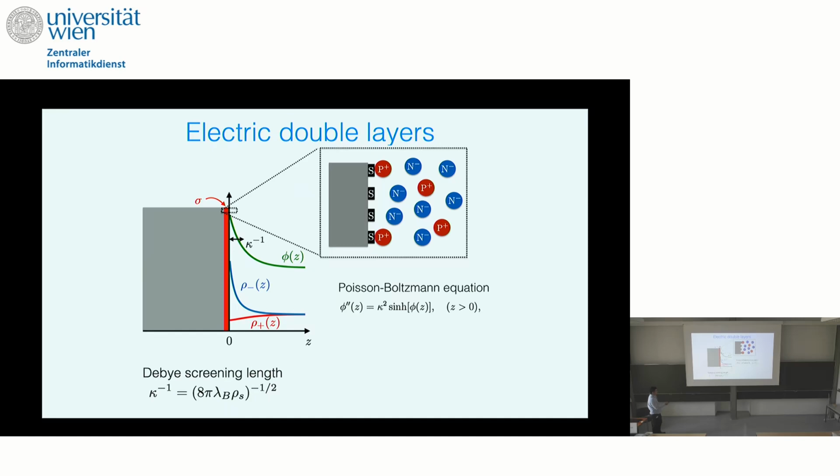Typically, in the simplest case, you can describe mean field point-like ions using the Poisson-Boltzmann equation. You can solve for the dimensionless electrostatic potential and the ion density profiles. And we all know there's a characteristic length scale called the Debye screening length, which sets the far field decay of the ionic profiles and the electrostatic potential.